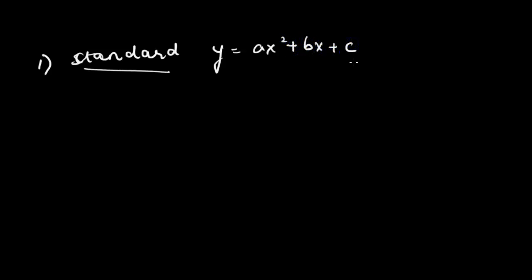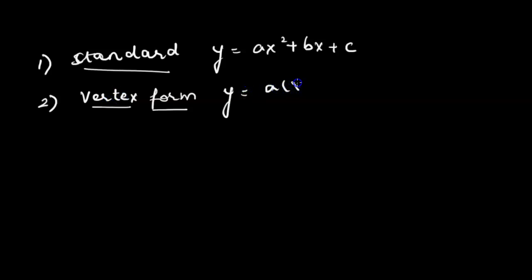A, b, c are constant values and x is the independent variable. The second form is the vertex form, y equal to a times (x minus h) squared plus k. In the vertex form, a, h, and k are the constants.